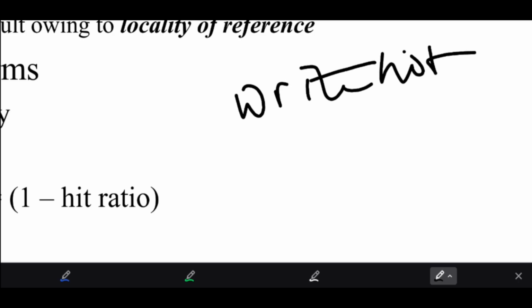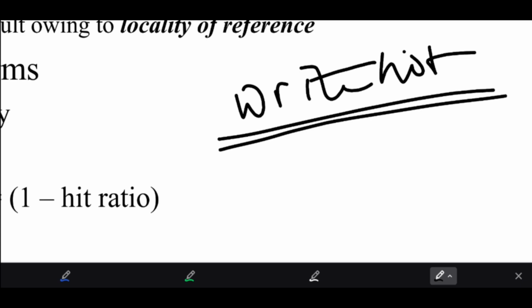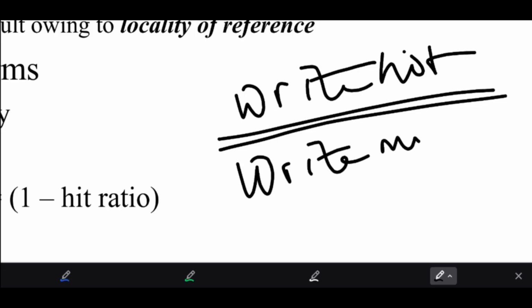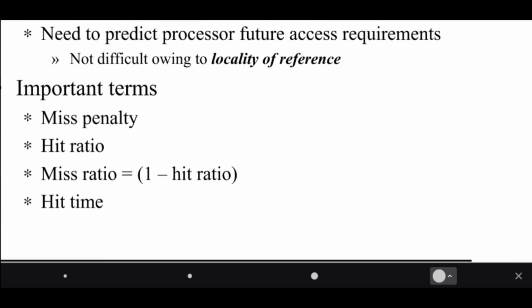If the data is not present in the cache while we are going to write, then it's a write miss. Simple, not more complex.